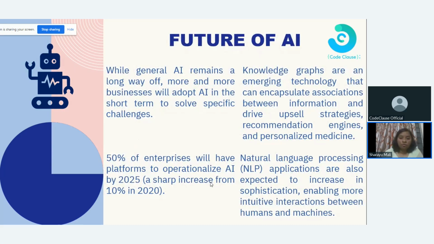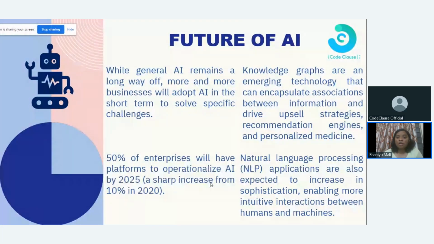So, in the future of AI, while general AI remains a long way off, more and more businesses will adopt AI in the short term to solve specific challenges. As we know, more than 50% of enterprises will have platforms that use AI by 2025. This is because of the benefits that an AI system can provide to a particular business.